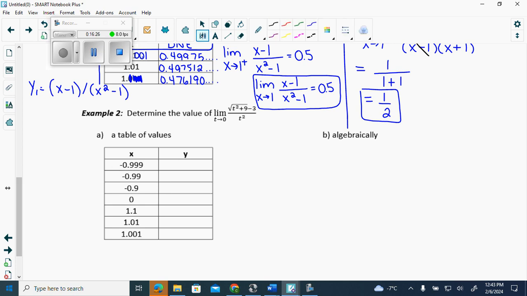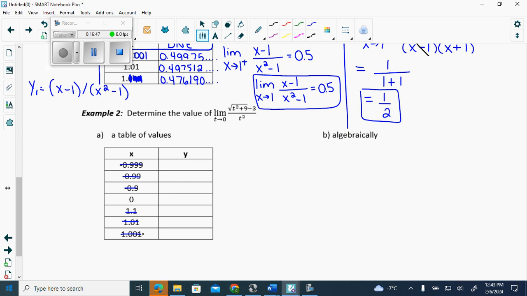I'm going to get you guys to pick values because those are getting closer to 1, not 0. The limit as t approaches 0 on this one. You see it as t approaches 0? I copied and pasted the previous table and then forgot to change the numbers. So it's getting closer and closer to 0.